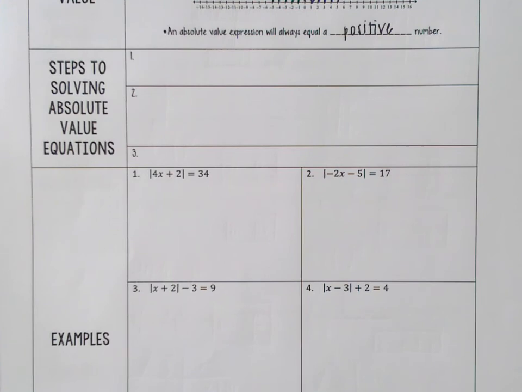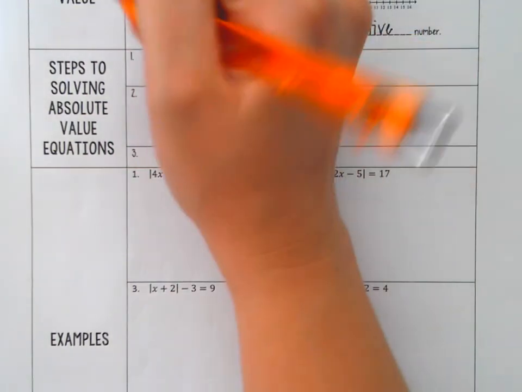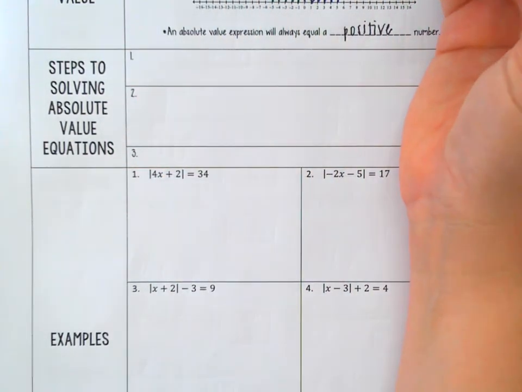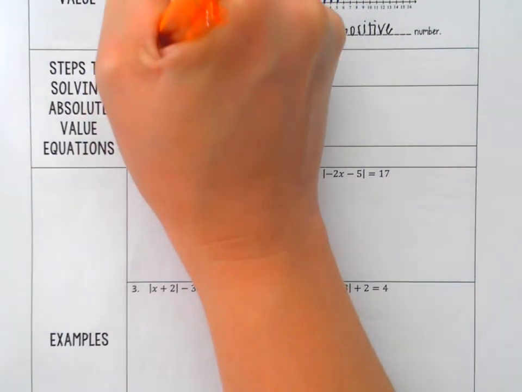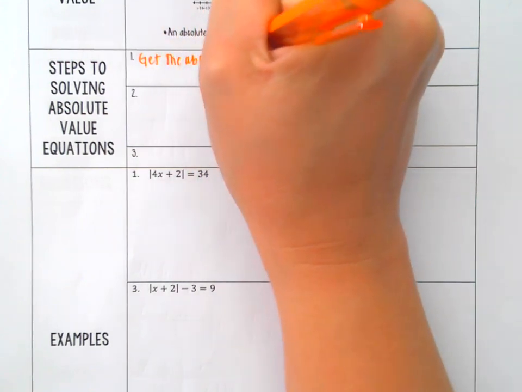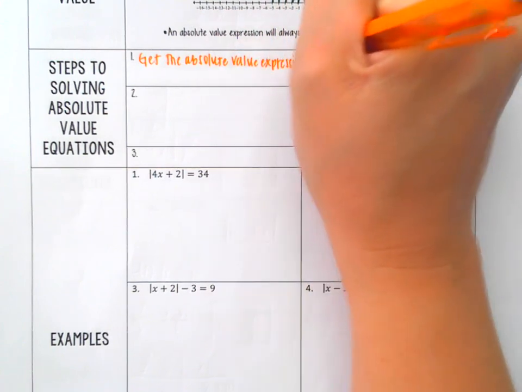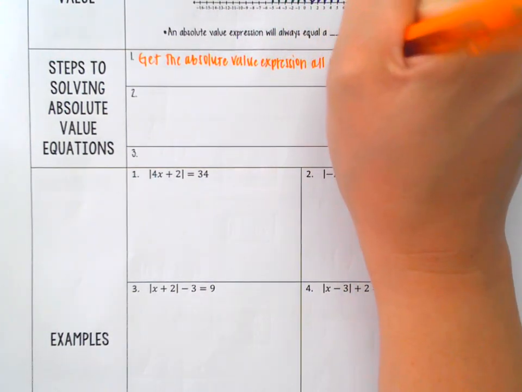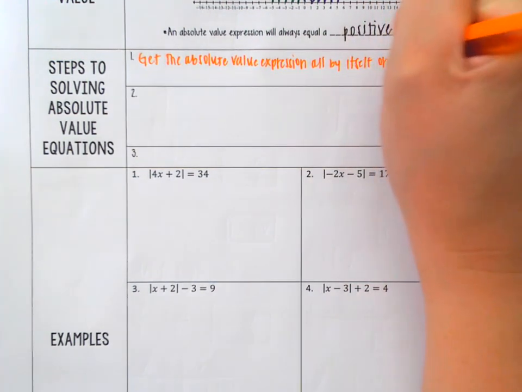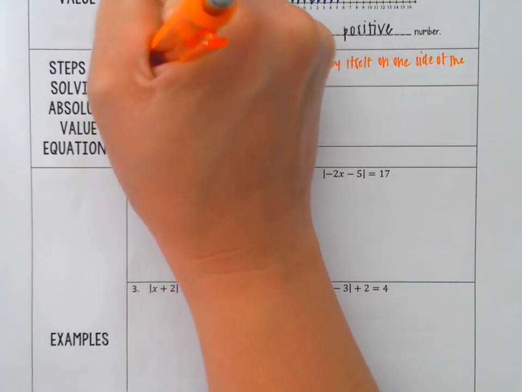Okay, so our first step is to get the absolute value expression all by itself on one side of the equation.